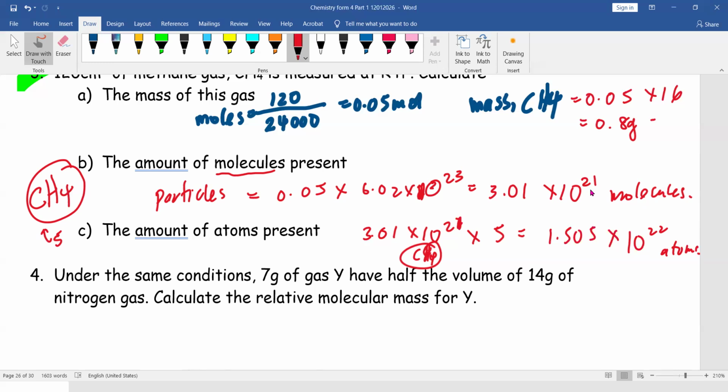Why? Isn't it 0.05? No. 21, 22 here. Okay, I counted wrong. So this one is 22, 22, and this one is 23, correct? Yeah.